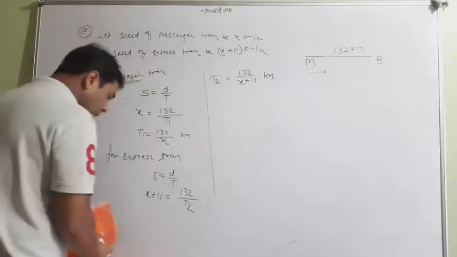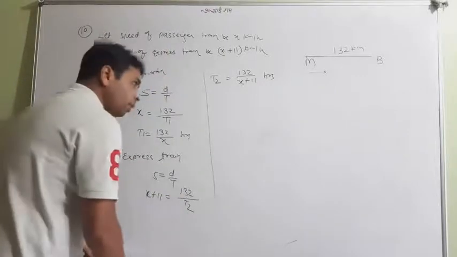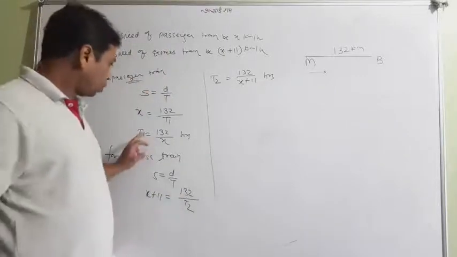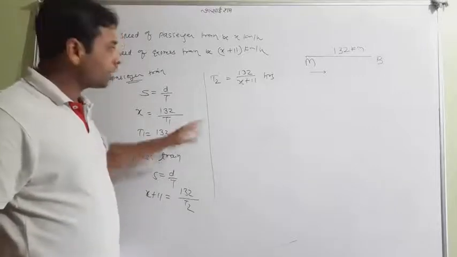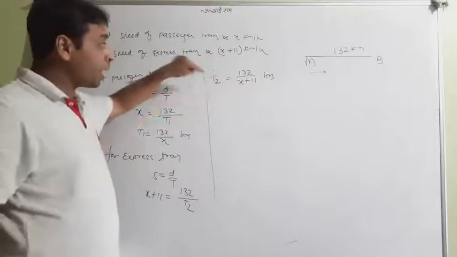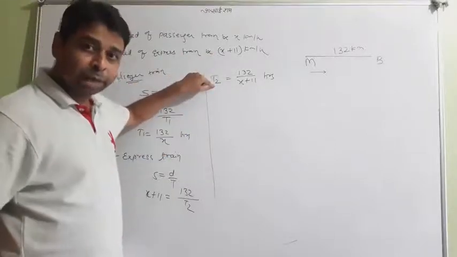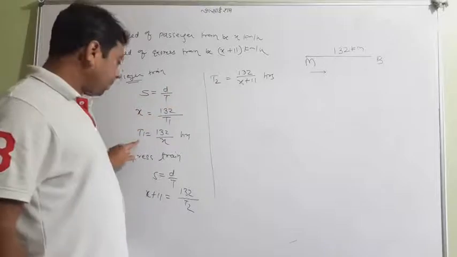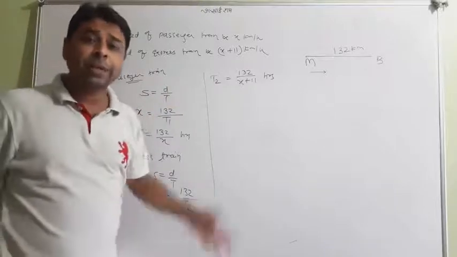So I simply ask you, one can simply consider which time is larger. This is t1 for the passenger train, and this is for the express train. So t1 is larger than t2 because the express train will reach sooner and will take less time. And t1 is the time for the passenger train, it will take a larger time.